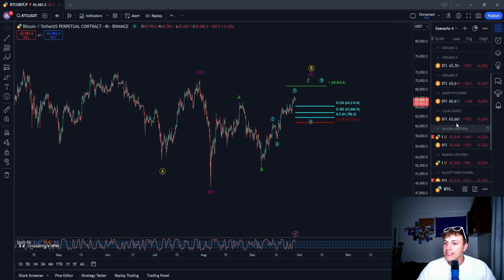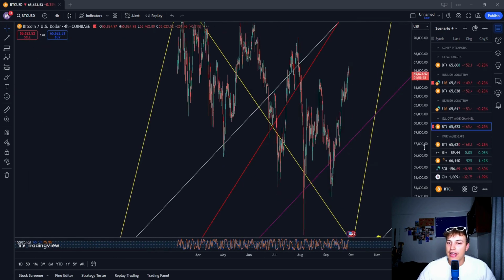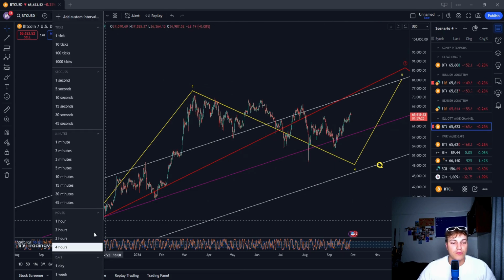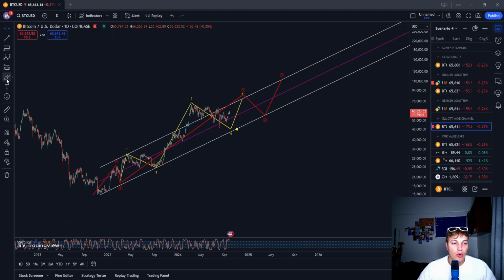But now looking at the bullish Elliott Wave channel, we see the Elliott Wave channel has been used multiple times for support and resistance on the chart. Support many times towards the bottom and the middle line, and resistance towards the top area of the range.